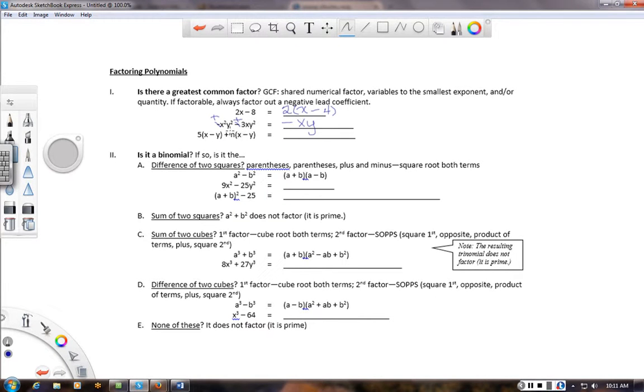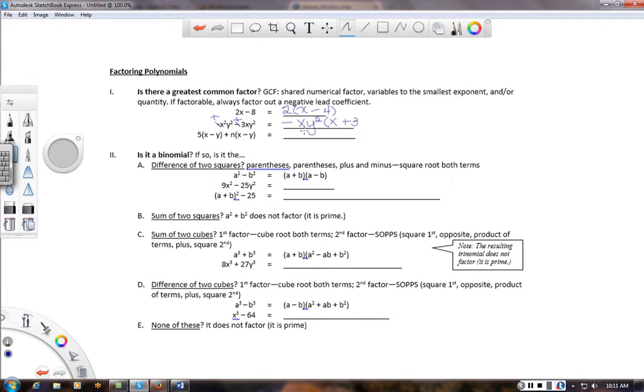The smallest exponent on the y is the 2. Now, once again, we're going to take our GCF and compare it to the first term. So given xy squared, what do I need to multiply it by to get an x squared y squared? The missing factor is an x. Plus, I'll bring in my 3.